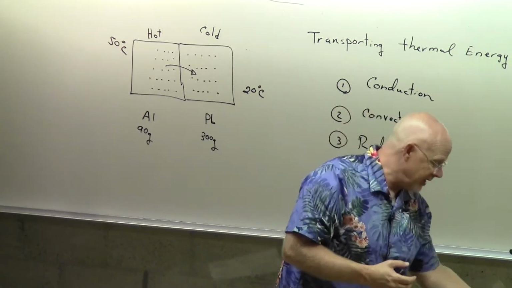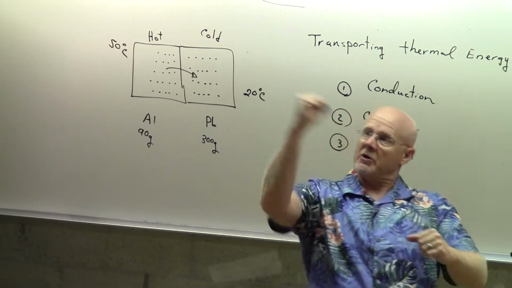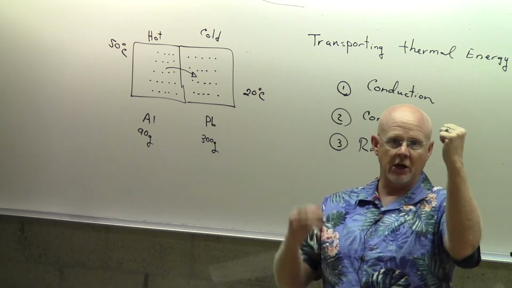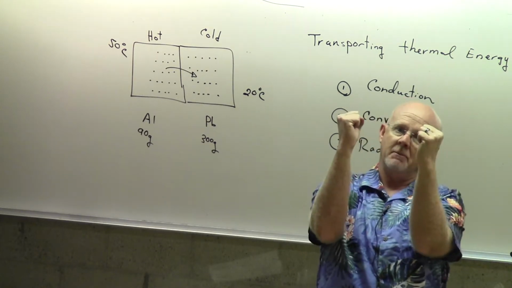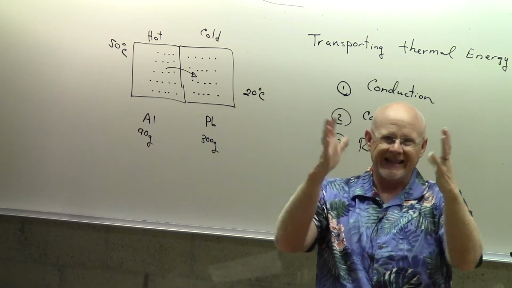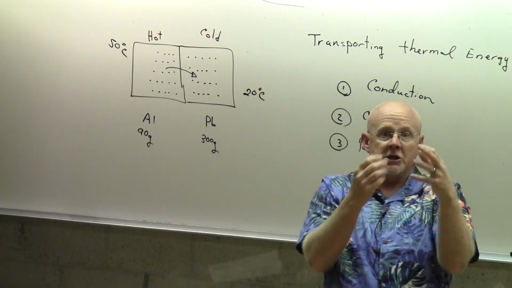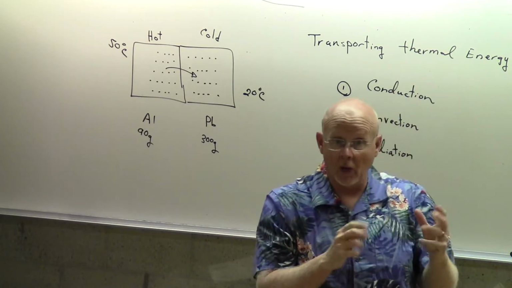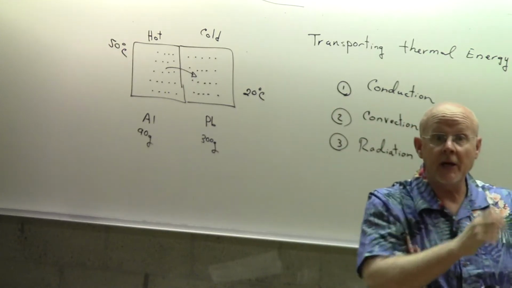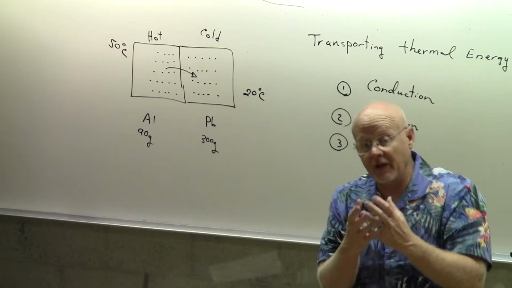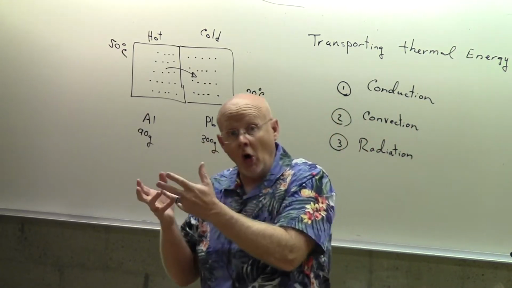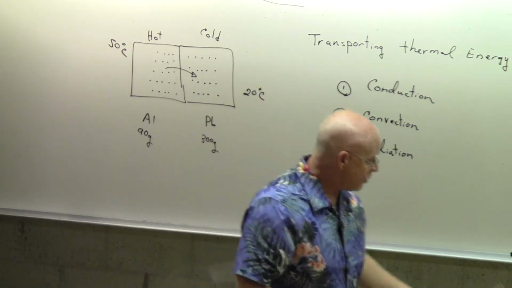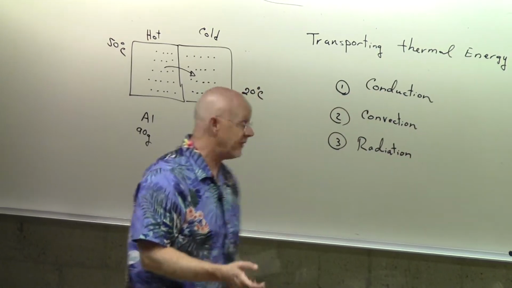And so you could imagine if you took something that was moving fast and you put it next to something that's moving slow, and so this fast one bumps into the slow one. As they bump, the slow one then gains some speed. Towards the slow one picks up some speed. And in the process of the collision, the hot ones, the aluminum ones, slow down. And that's what is called conduction. It's nothing real fancy.